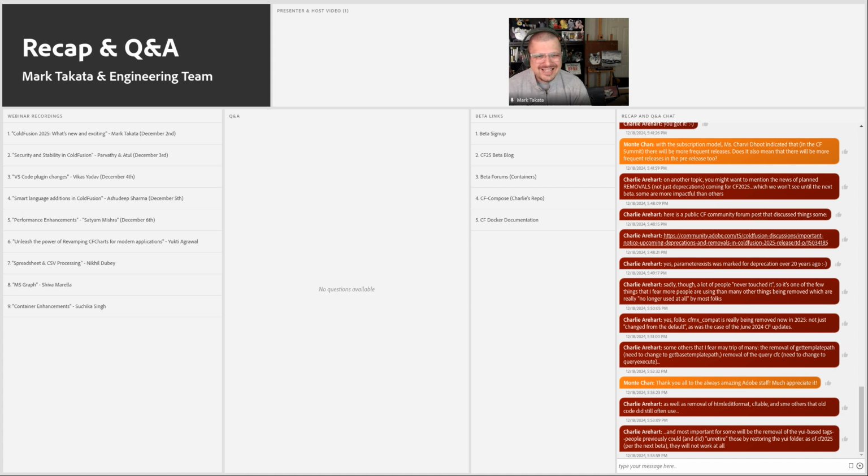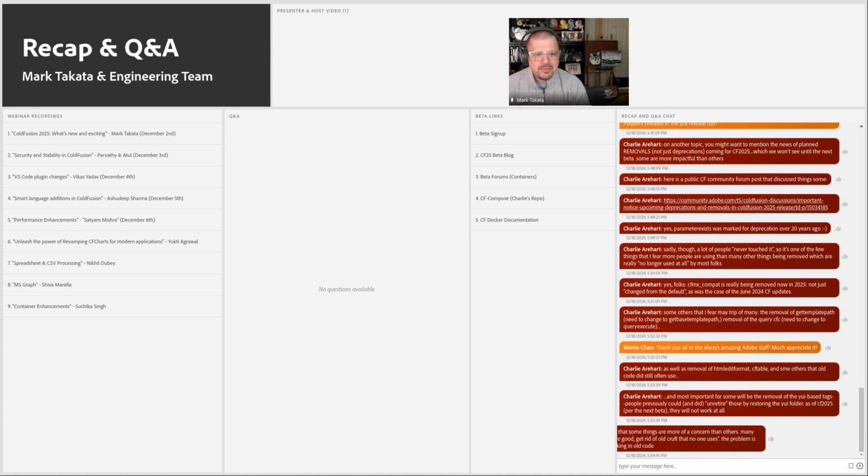It's out of here. HTML edit format, a safe table, that's out of here. The YUI stuff, YUI's out of here. It's been deprecated for a while though, folks. So if you're still using it, if you're hacking it back into place, I don't know what to tell you. We've had that out of the way for a while.